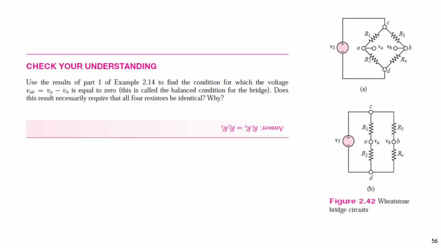If VAB equals 0, this means VA and VB are at the same potential. With the voltage divider, VA is R2 divided by R1 plus R2, and VB is Rx divided by R3 plus Rx.